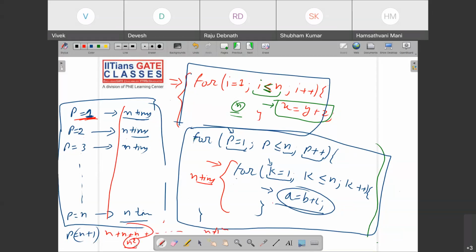Any doubt here? Please stop me and ask questions, because we are going as building blocks. If you don't understand this one, we cannot go forward. No doubt, sir. Anyone else? Clear, sir.